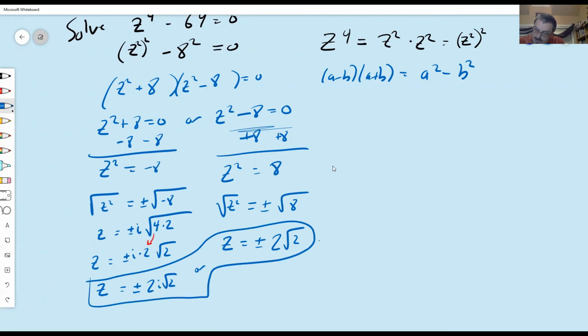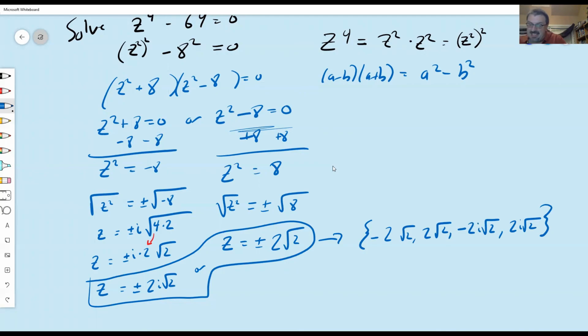Or if you like your solution set, we'll do the real numbers first. Minus 2 square root 2, plus 2 square root 2, minus 2i square root 2, positive 2i square root 2 would be that.